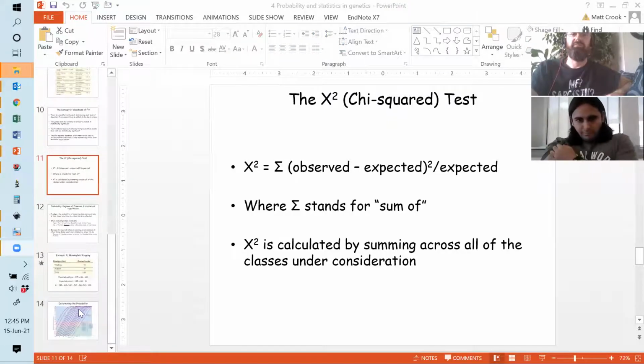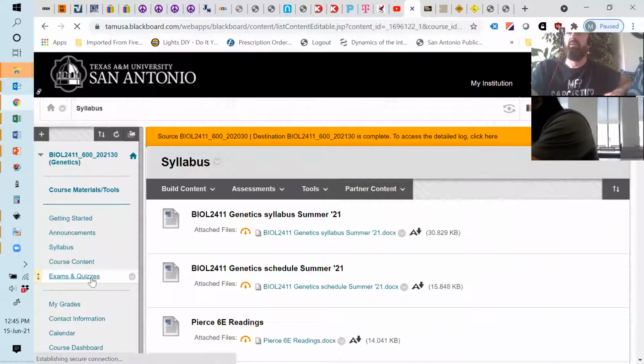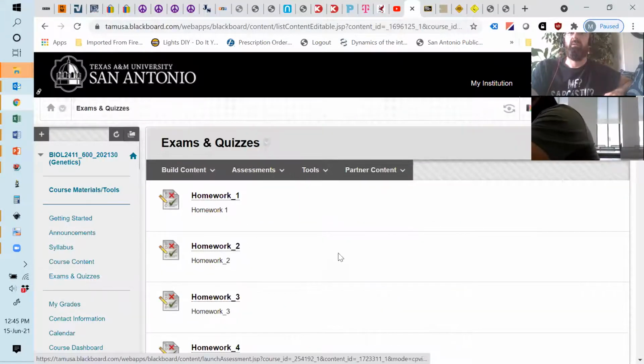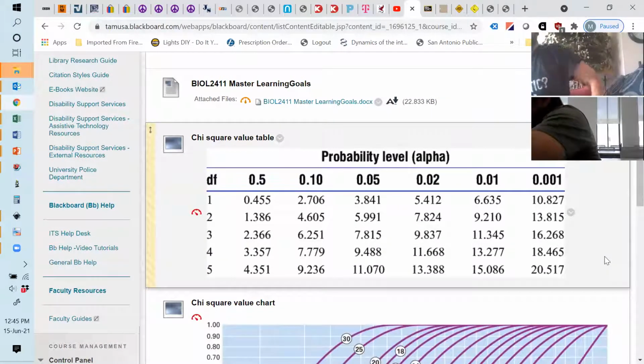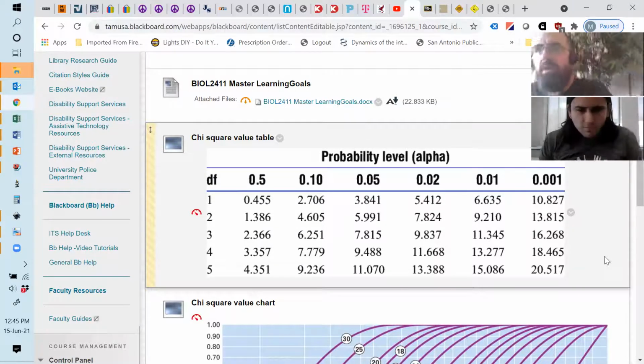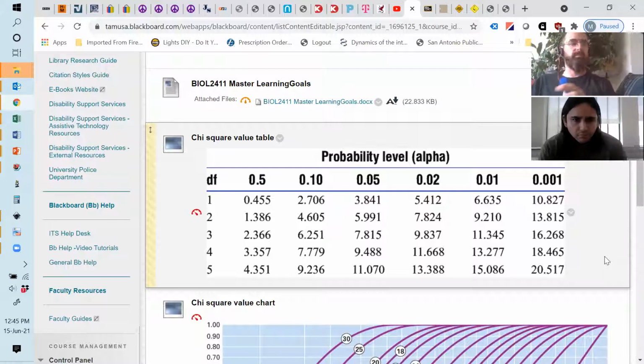Now, I'm going to show you. You can use one of two things: either a chi-square value chart or a chi-square value table.